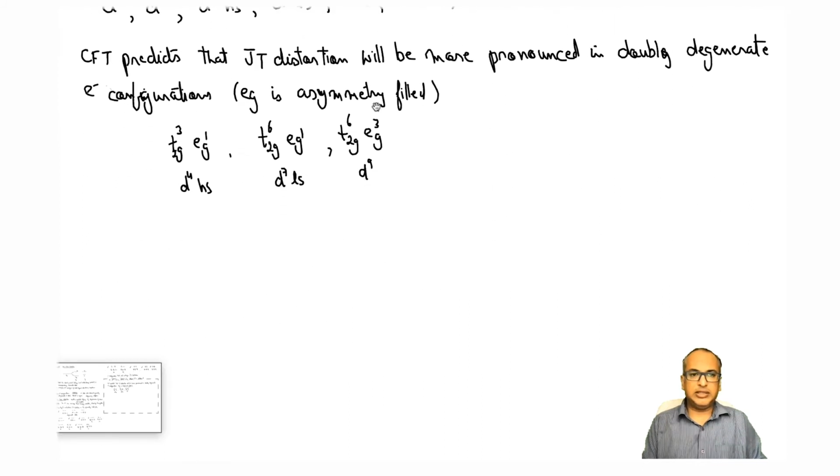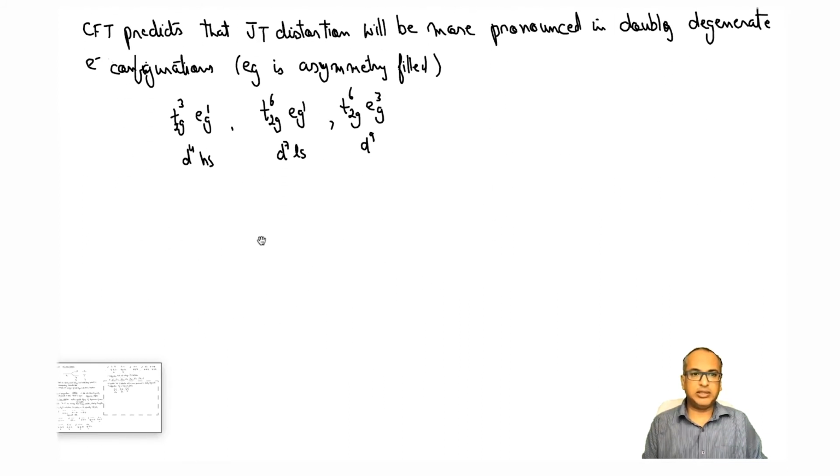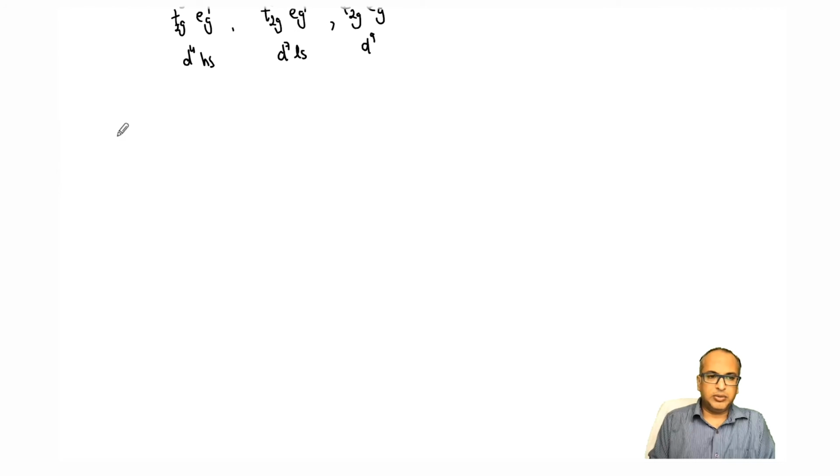Now let us consider one of the examples. Let's consider D9. Before we go, let us try to understand why EG versus T2G undergo more versus less distortion.